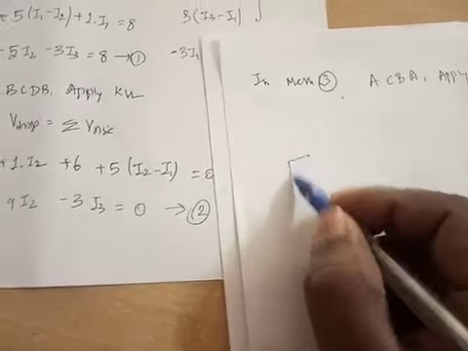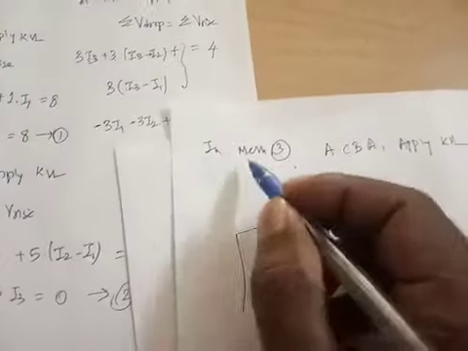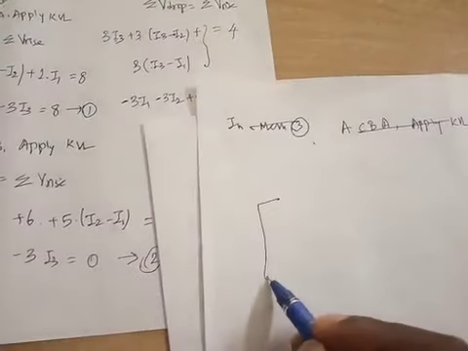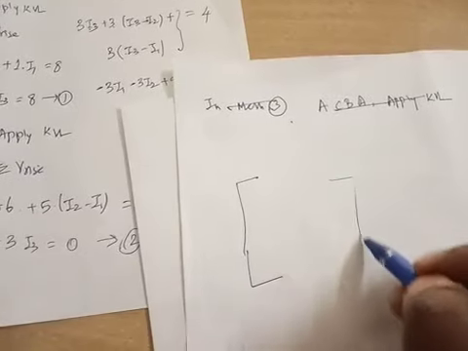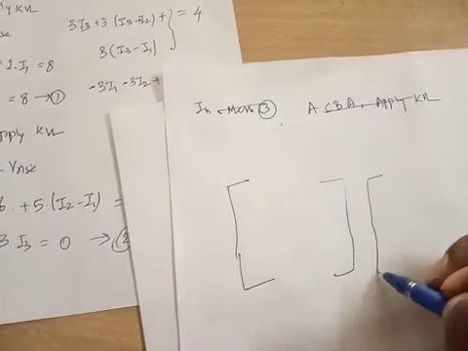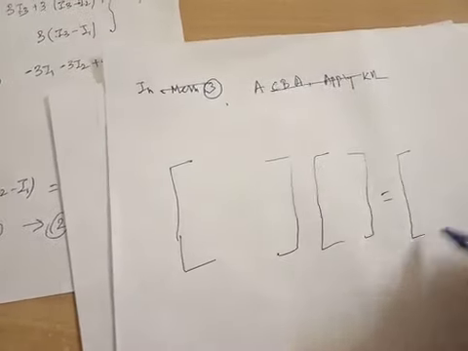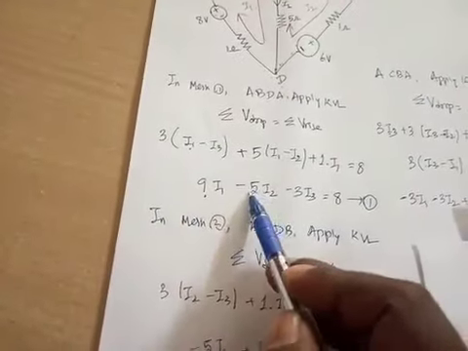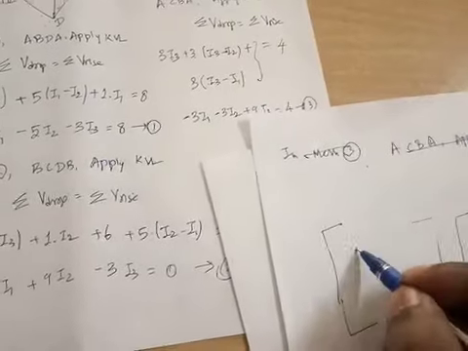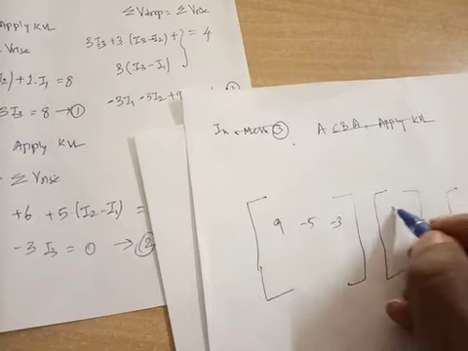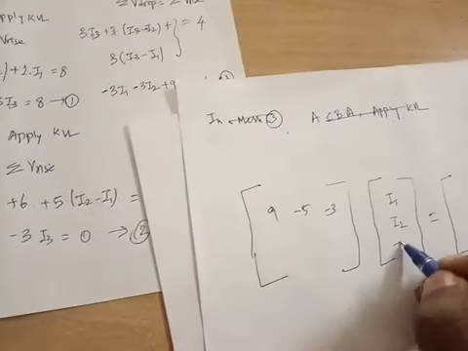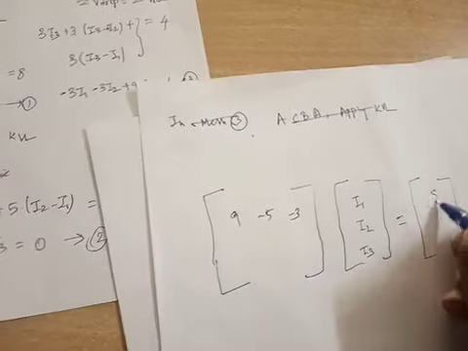Now write all three equations in matrix form. Your first equation: 9, minus 5, minus 3, and the unknowns are I1, I2, I3, equals 8.